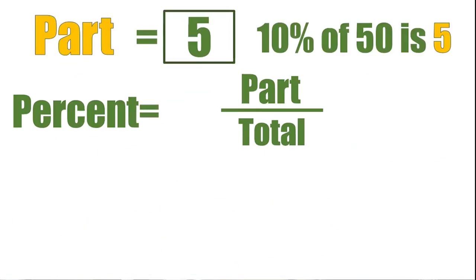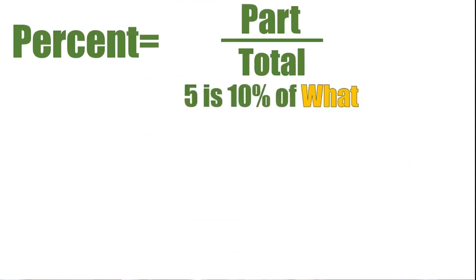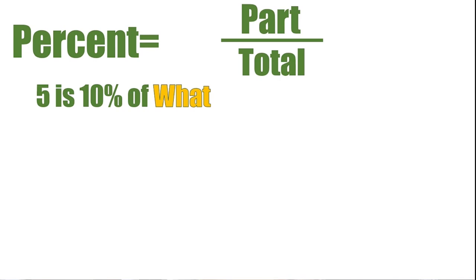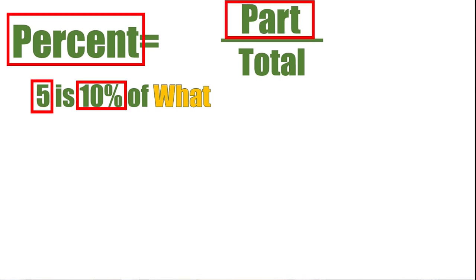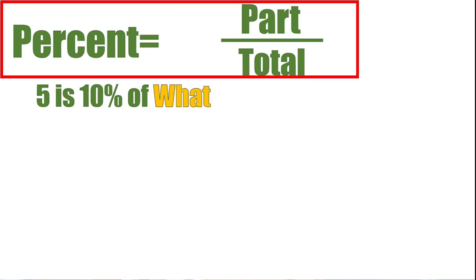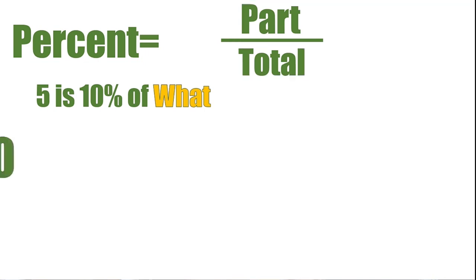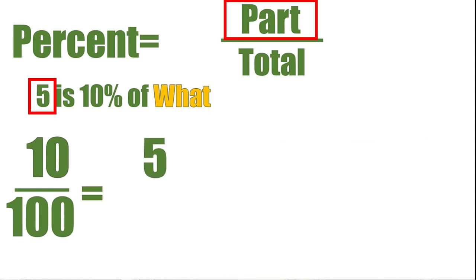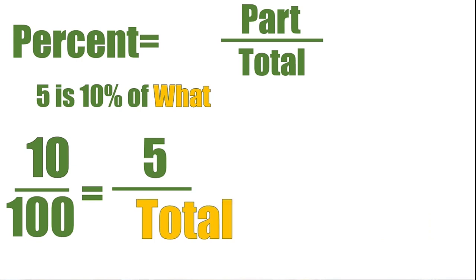Now let's also see one more example. If you are given a question like 5 is 10% of what? That means you have the percent there and 5 is actually our part, so we want to get the total. You use the same formula again. 10% is the same as 10 in every 100. So it equals part, which we have already been given, that is 5, over what we want to get, the total.